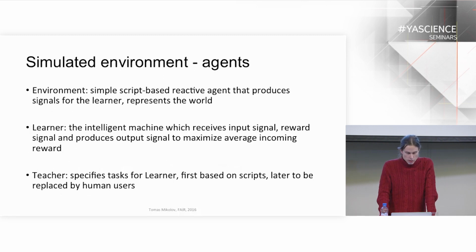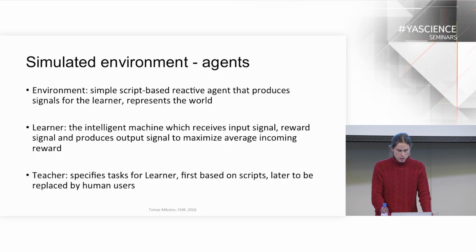So for the simulated environment, we have three entities. One is the environment, which is a simple script-based reactive agent that produces some very simple signals for the learner. It represents basically the simulated world. Then there is the learner, the intelligent machine, that has as its objective function to maximize the average incoming reward, at least in the beginning of its life.